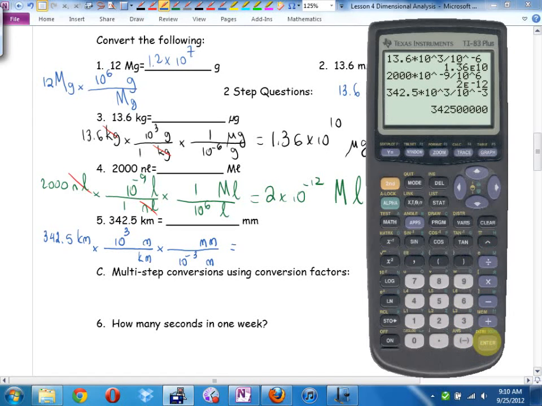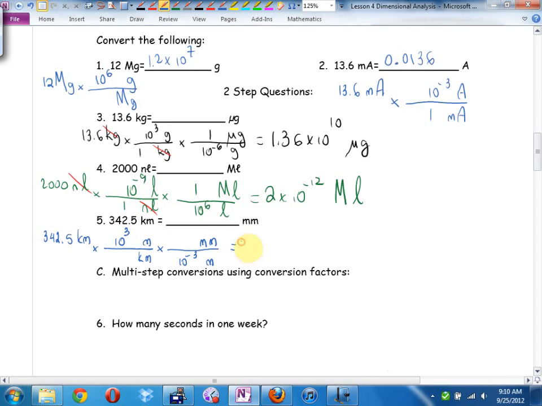I think I'm going to write my answer in scientific notation, because that's a big number. That's what I got. See if you get the same thing.